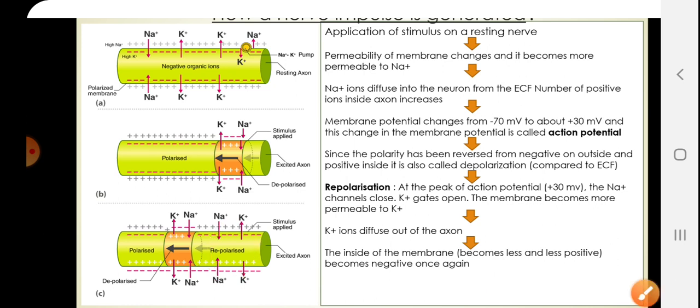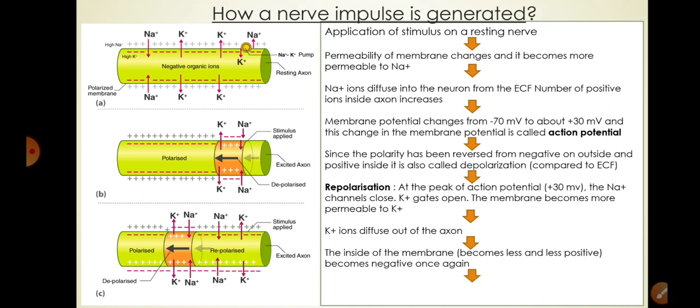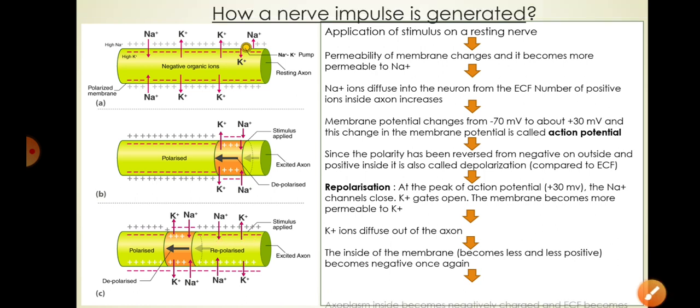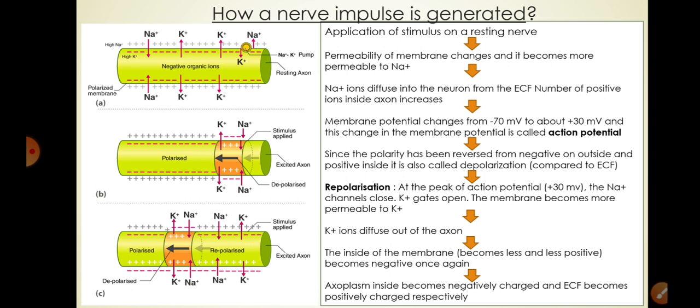The inside becomes negative and the outside becomes positive again here. Then the axoplasm inside becomes negatively charged and the ECF becomes positively charged respectively.